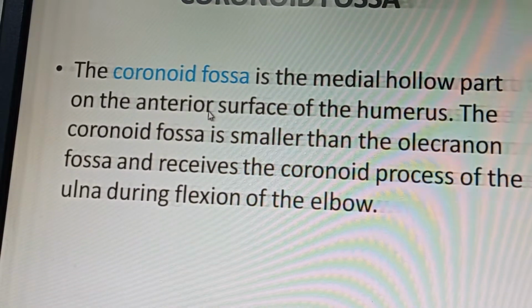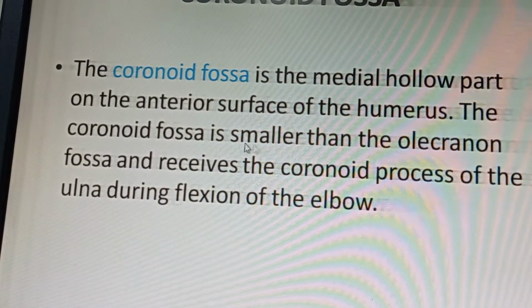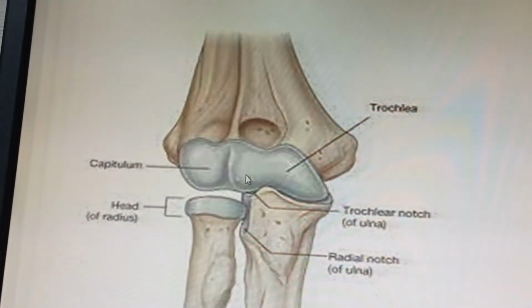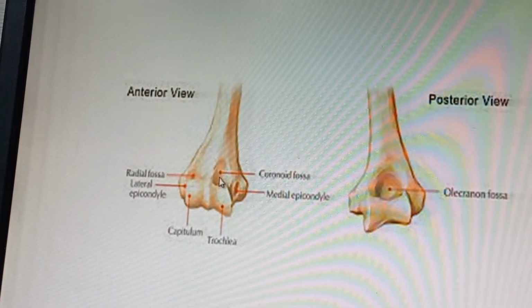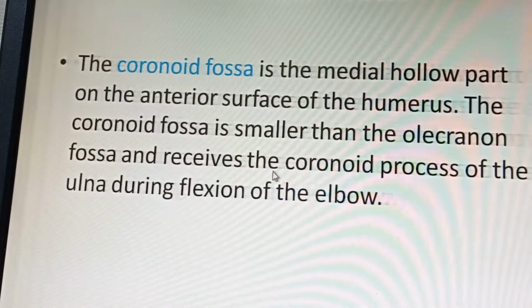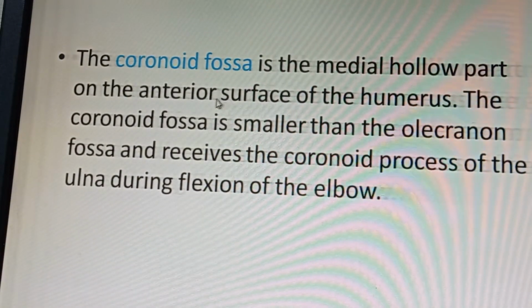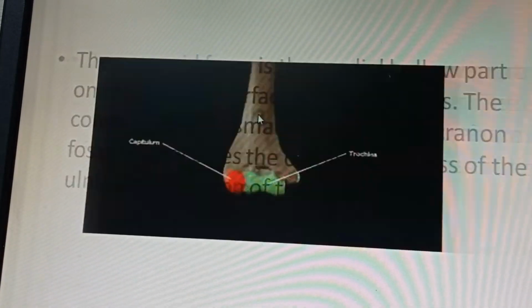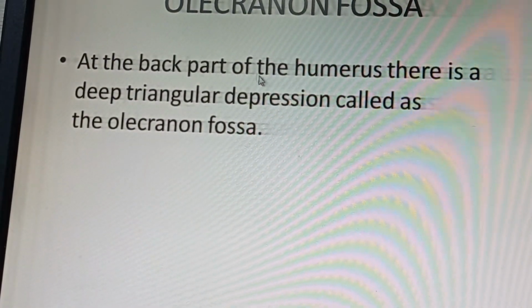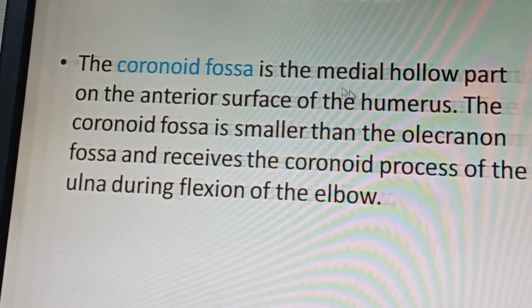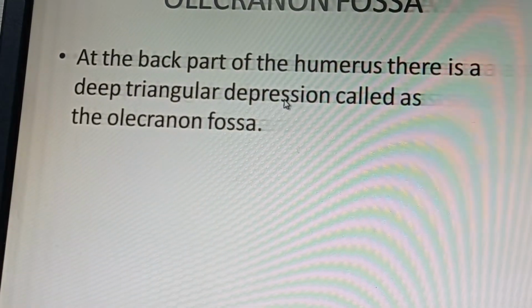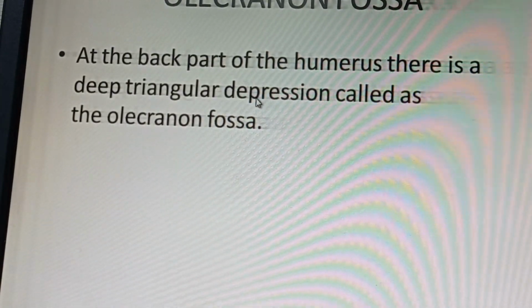The coronoid fossa is present on the anterior surface of the humerus. It is smaller than the olecranon fossa, as I showed in the picture. The coronoid fossa is present in front, while the olecranon fossa is present at the back of the humerus. The coronoid fossa is smaller; the olecranon fossa is a large, triangular depression.